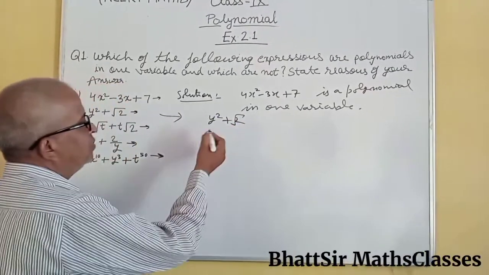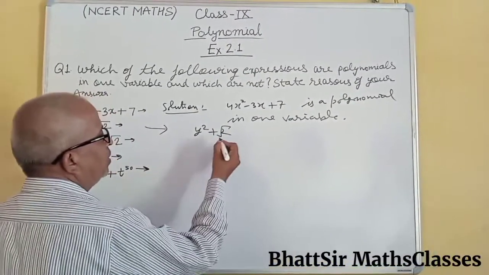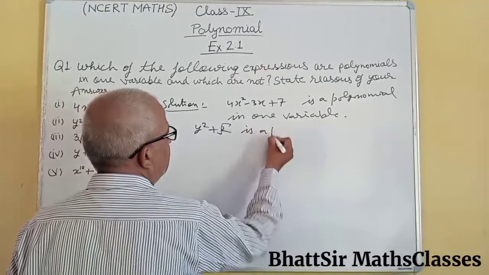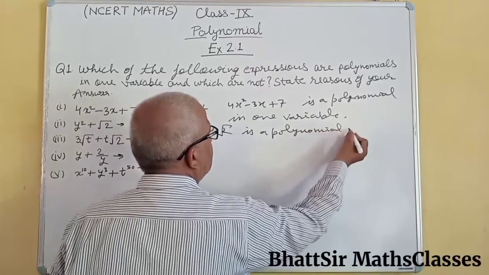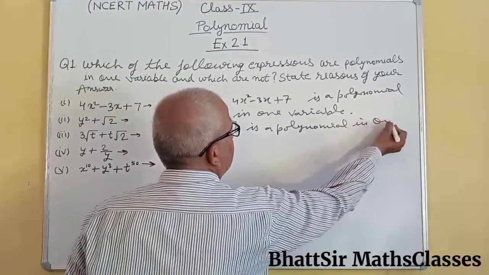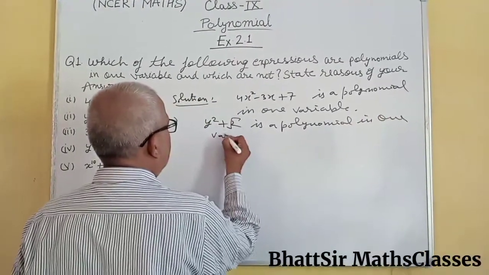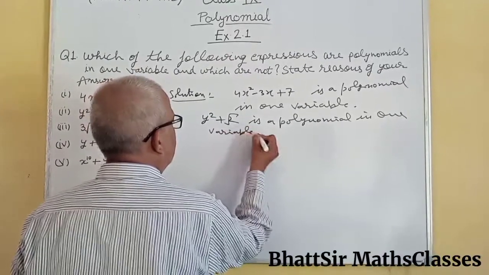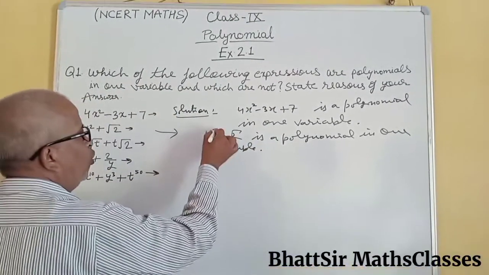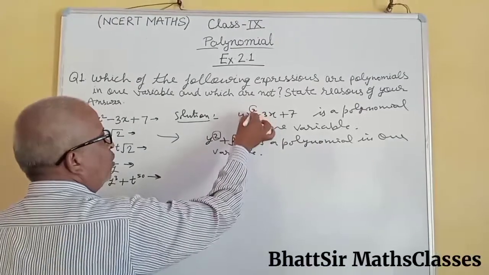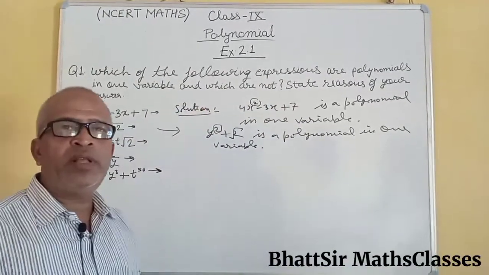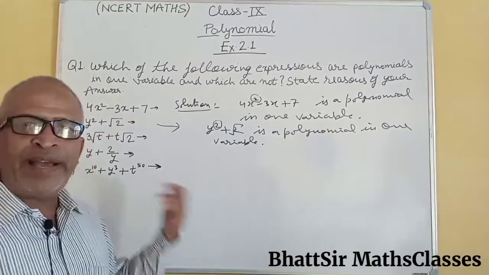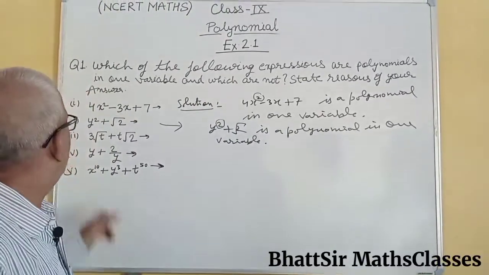So it is a polynomial in one variable. So it is the whole number. In both polynomials, the powers of the variable are whole numbers.